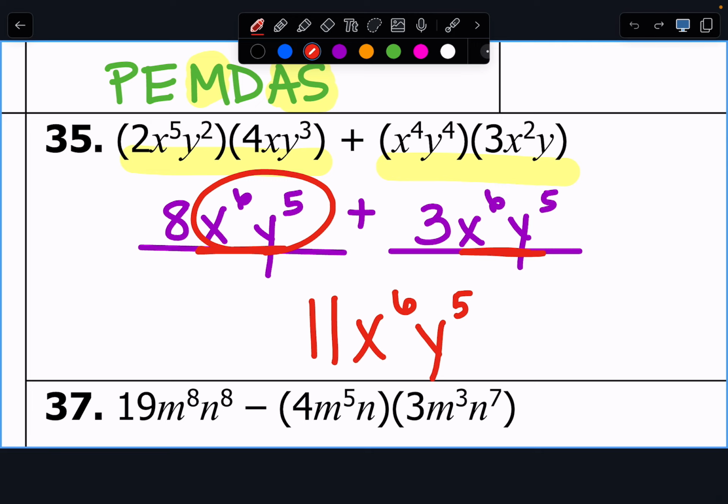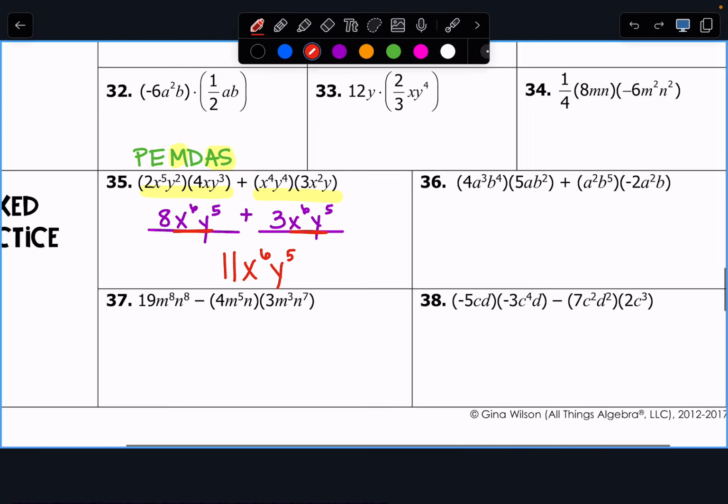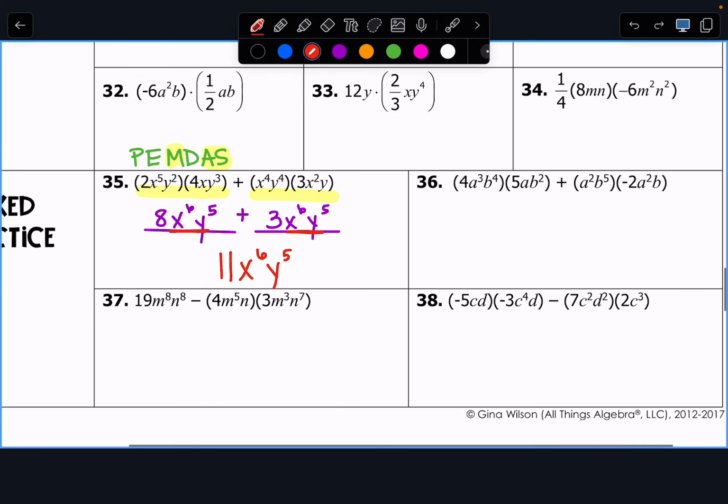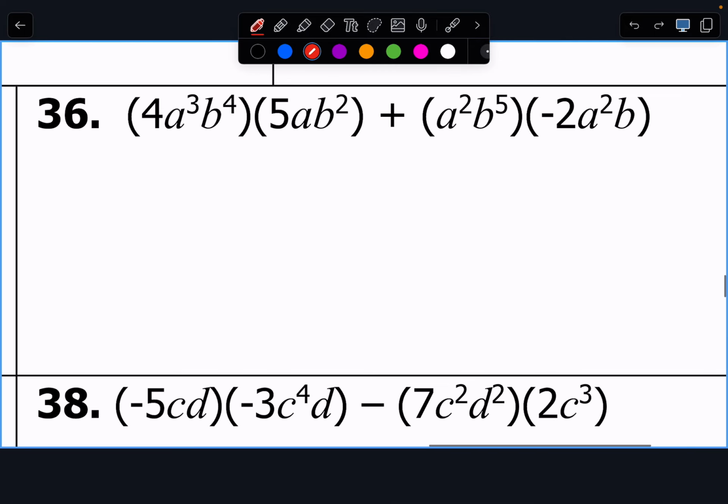And we just add or subtract the coefficient. Okay, so for good measure, I'm going to give you 60 seconds to try 36. We're going to talk about it, and then I'll get you going on something else.